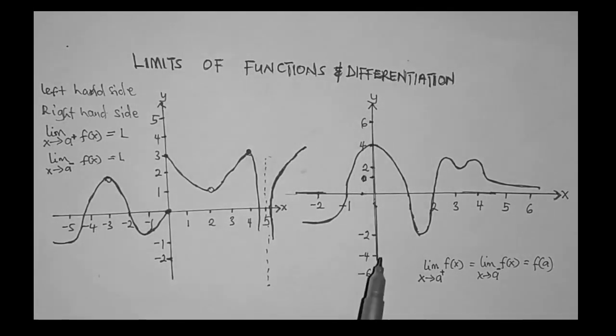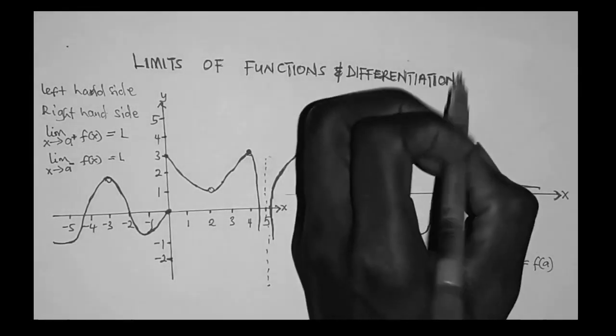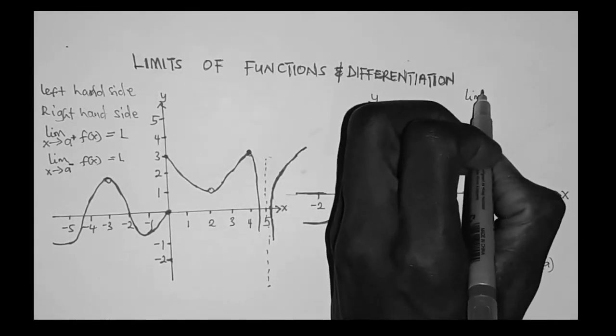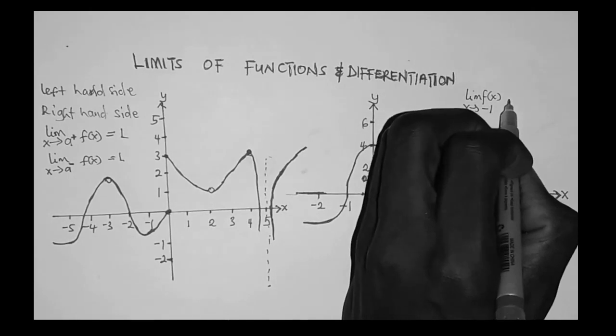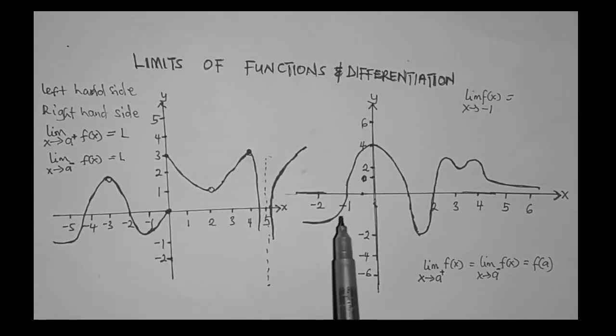So now let's come to this graph. What is the limit of f(x) as x approaches minus 1? Remember what we said: a limit is defined as the value that the function approaches as it goes to a given x value. As we approach minus 1 from the left hand side, the function approaches 0.